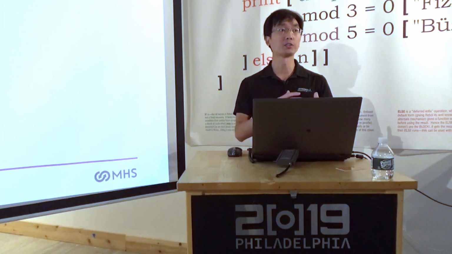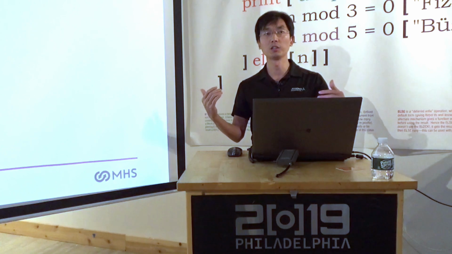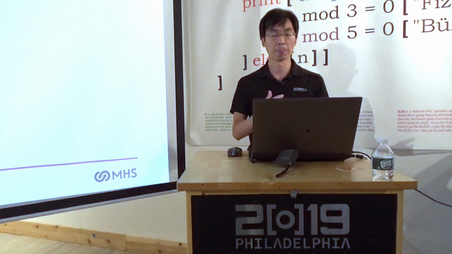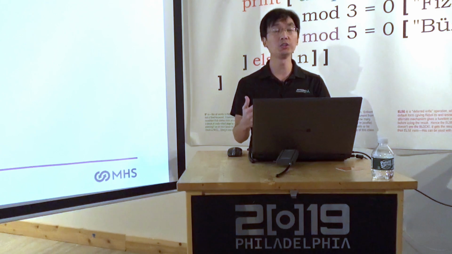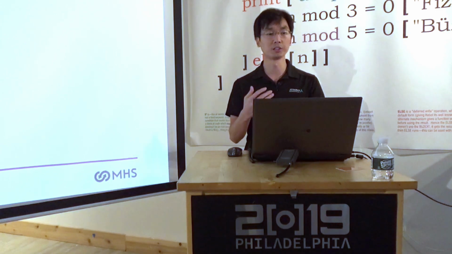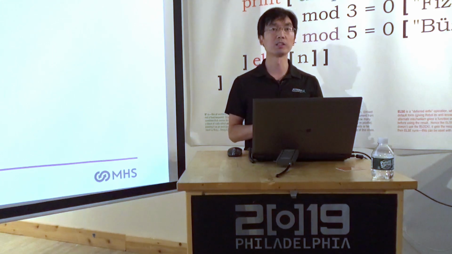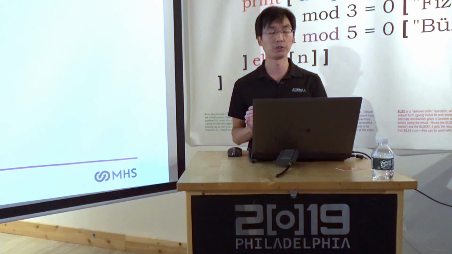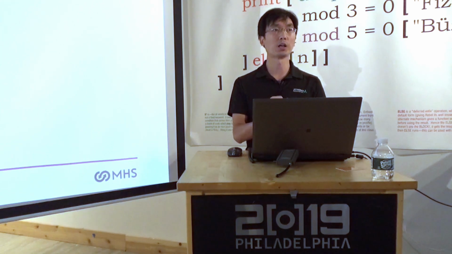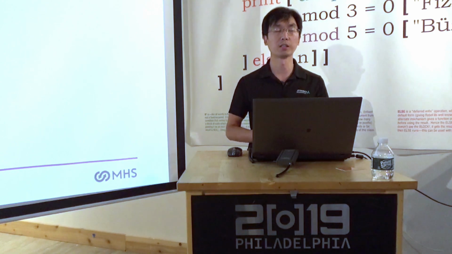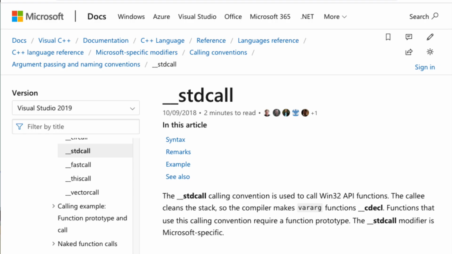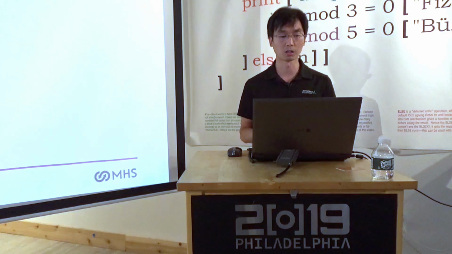The way to pass the parameters to another function varies depending on the CPU and the operating system. It's not in the C standard, it's in the compiler. Probably not everybody notices that, but if you really look into the C header files, you might notice that most of the Windows calls are standard call, which is different from the C function call convention.